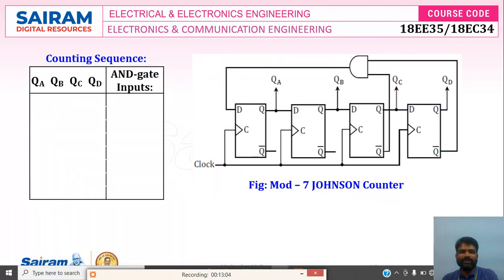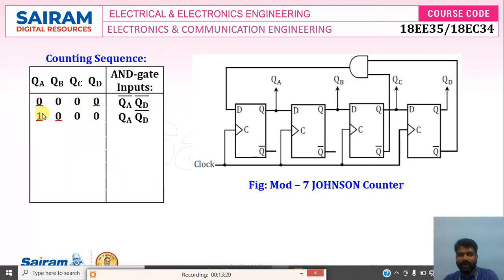Let's see the operation. Again initially we start with 0, and QC QD both are 0 0, correct? So the output of the AND gate is 0. So here, complemented, QC bar becomes 1, QD bar becomes 1, both are 1 1, so its output is 1 and that will be coming to QA. Again see, these two are 0, so its complement is 1 1, output of the AND gate is 1, comes here and the values are shifted.